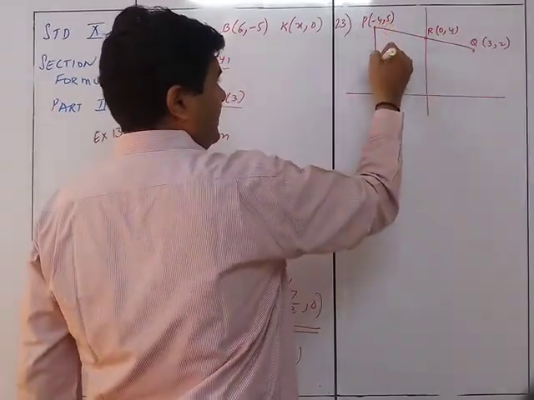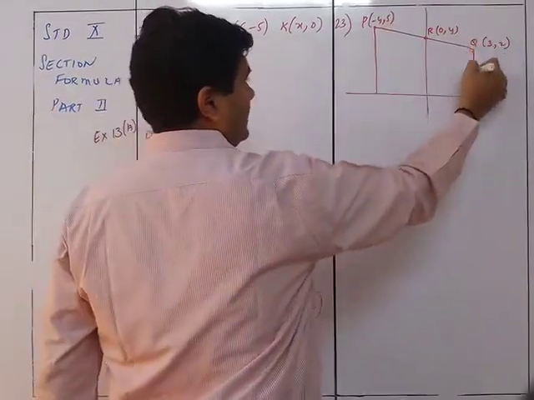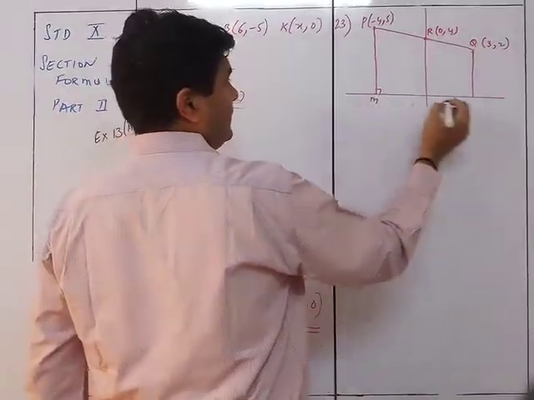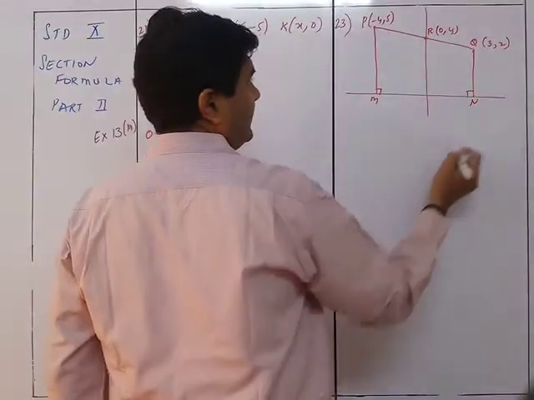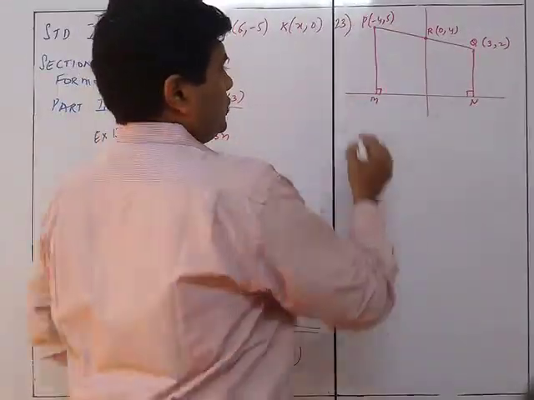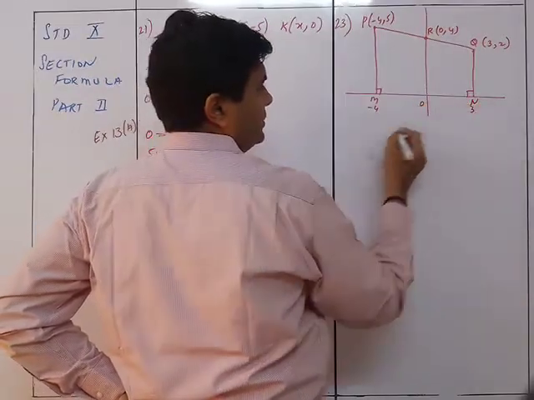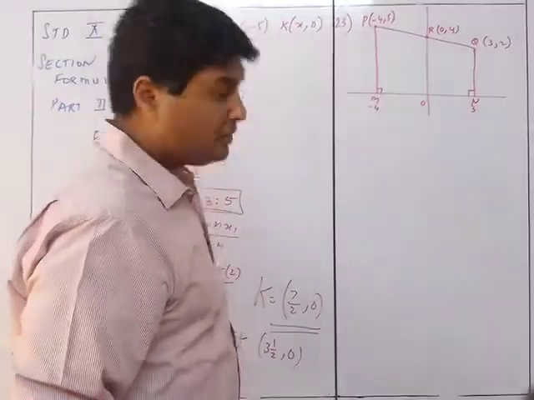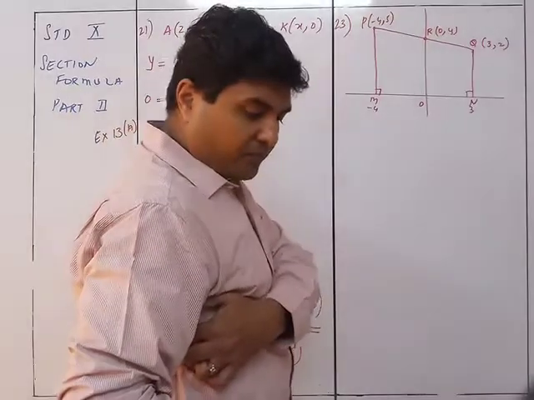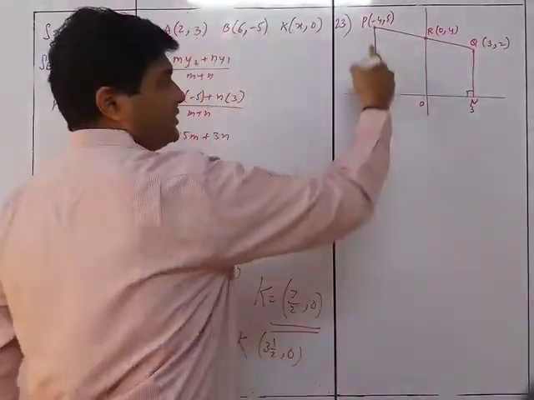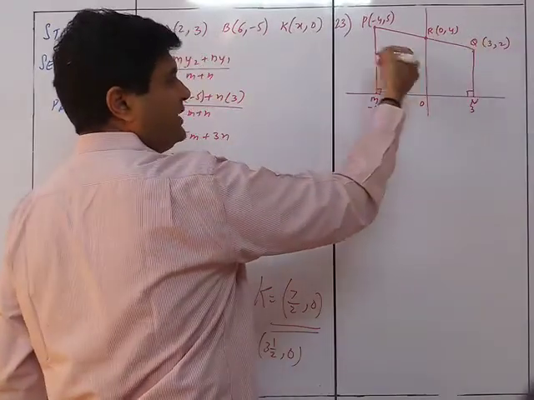We are going to drop a perpendicular here and a perpendicular here, where this will be PM and this will be QN. So we know that this particular point is -4, this is 0 and this will be 3, right? So when they ask me for the area of the quadrilateral, it's going to be a trapezium. So area is very easy.